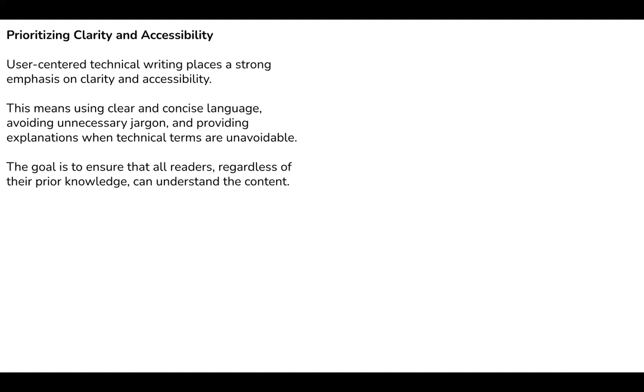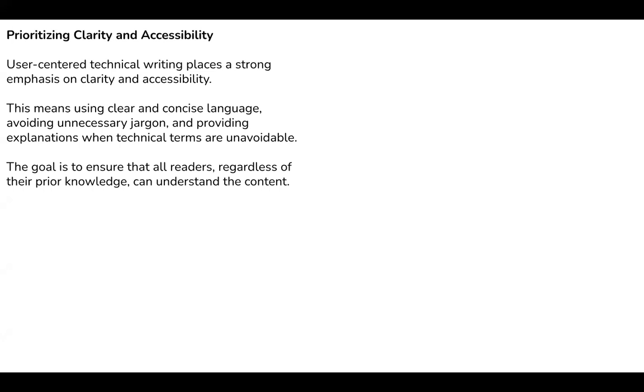This includes outlining, drafting, editing, reviewing. So everything you do while creating this content for Femi, Femi should always be on your mind. So this is what the user-centered approach is in technical writing.